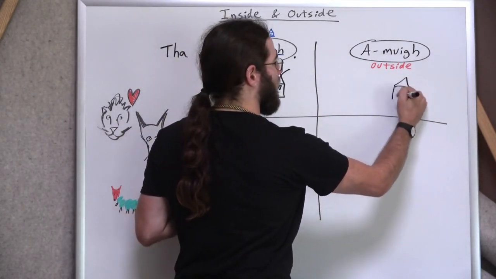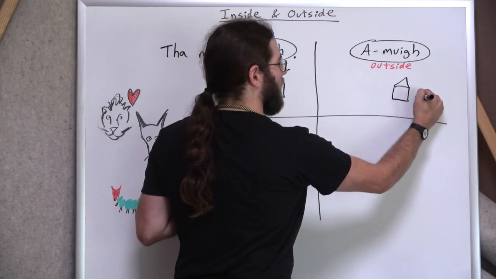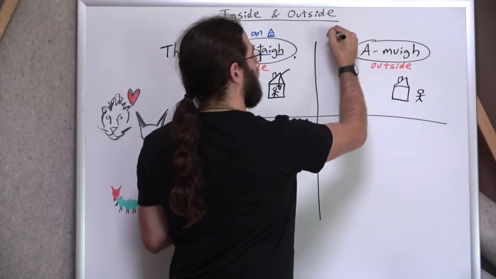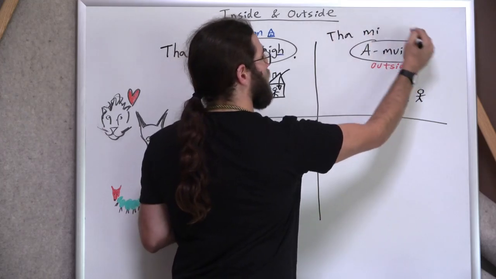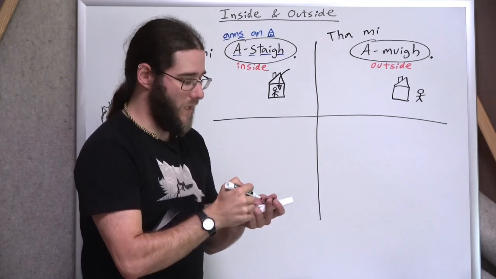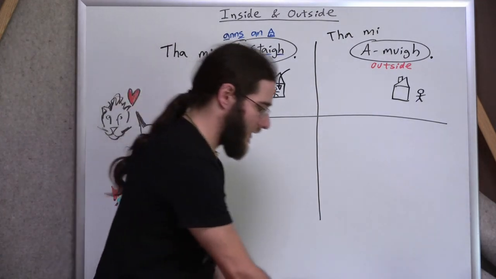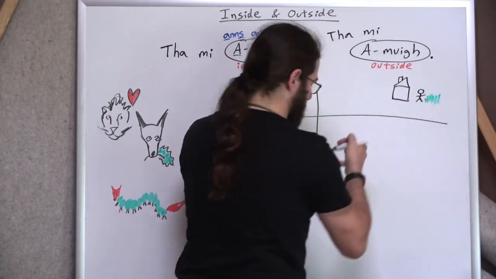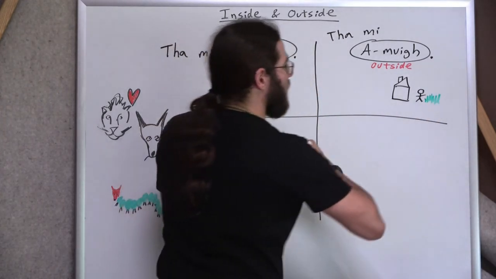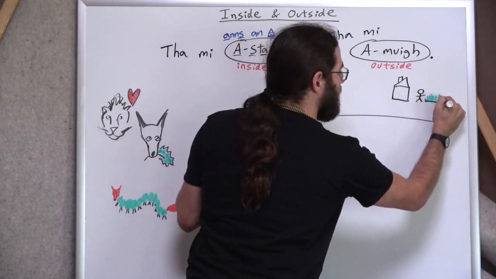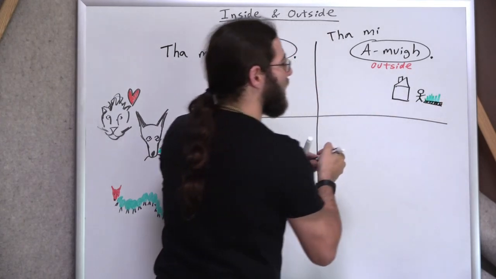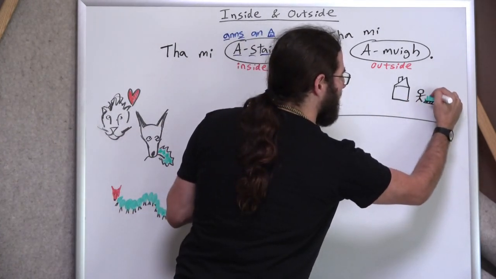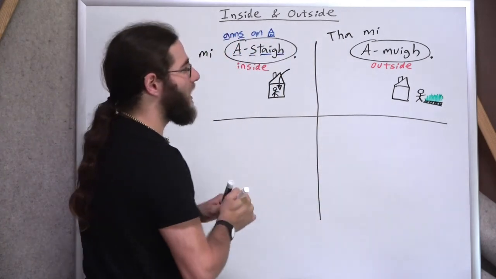So we'll have our diagram here. We'll have our person outside. Look at that. Lovely. Amui. Ha mi amui. Maybe it's a really lovely day and you're out in the garden. Maybe you have some raised beds that you're growing things in. That's kind of a strange raised bed, but it's okay. You get the idea.